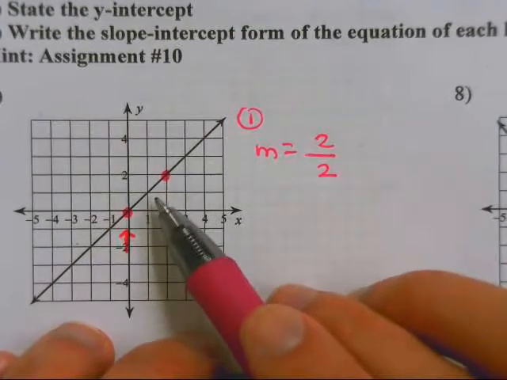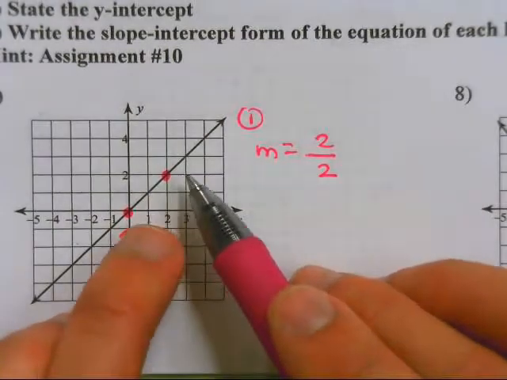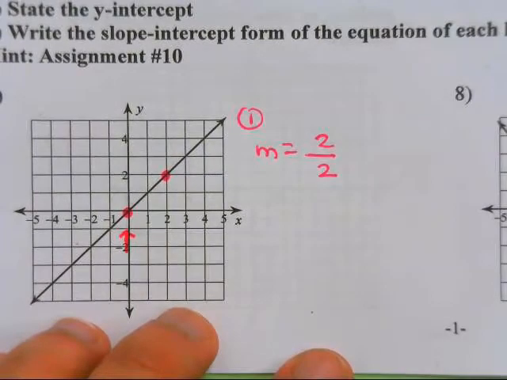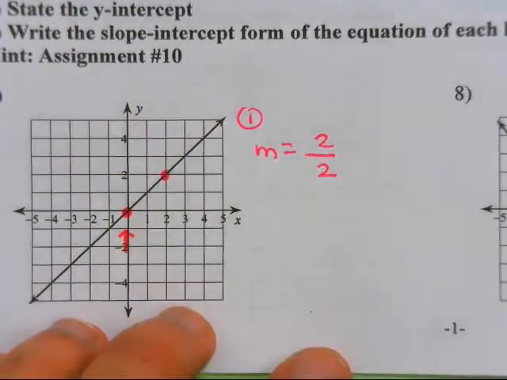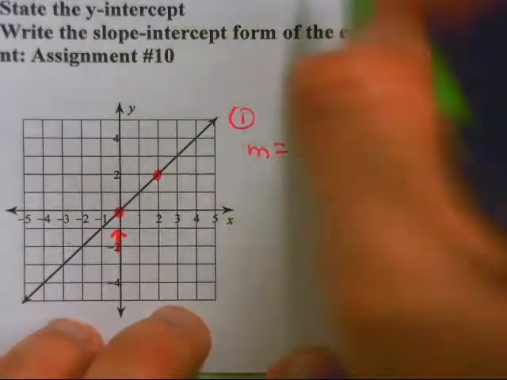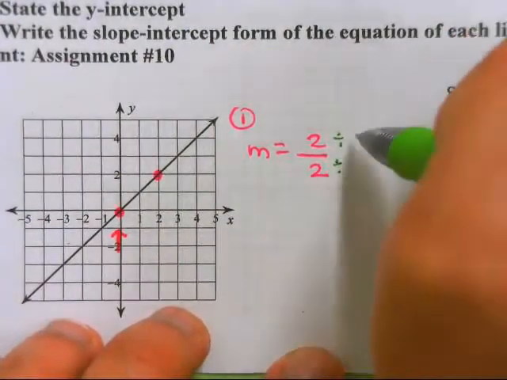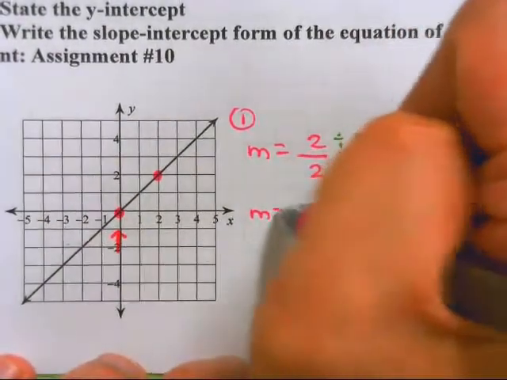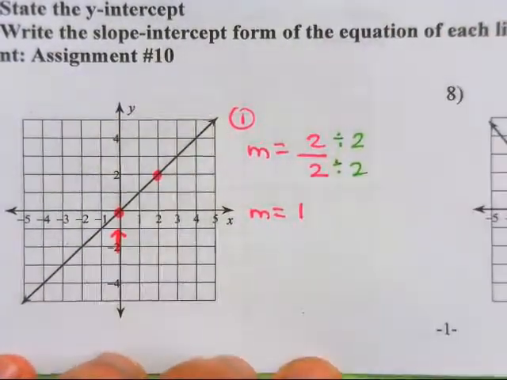Oh yeah, no. You can also pick that one too. But I'm just picking these 2 points, you can also pick it over here too. Any of the corners of the boxes. But if you pick the 2 points on the pink, you have to reduce. Divide top and bottom by what number? 2. So you always have to reduce. And then 2 over 2, this is just 1 over 1. You guys can leave that as a 1.